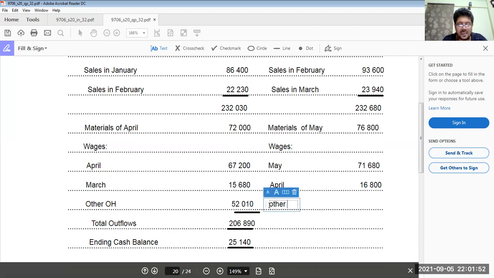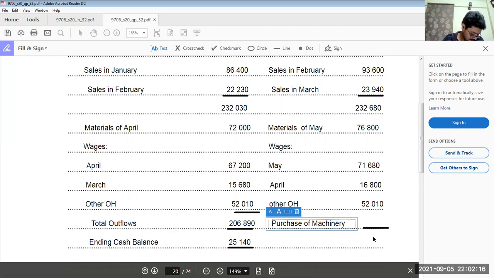Done. Other overheads will be the same, 52,010. And one more thing is purchase of machinery. How much? 36,000. Now, total outflows.